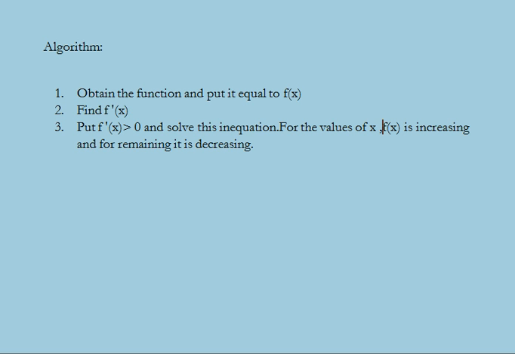For the values of x obtained in step 2, f(x) is increasing, and for the remaining points in its domain it is decreasing. Next, we are going to discuss a problem that would be based on finding whether the given function is increasing or decreasing and to find the interval in which it is increasing or decreasing.